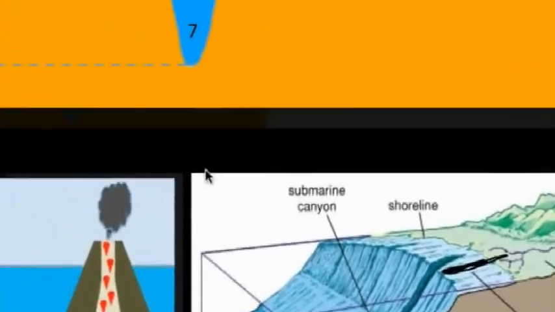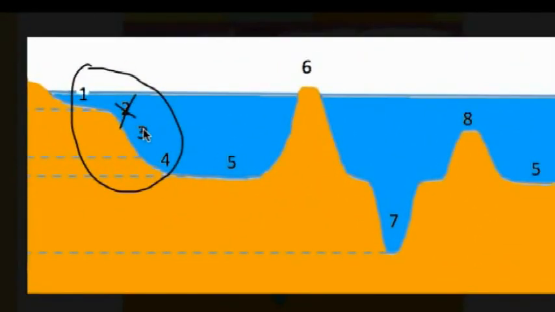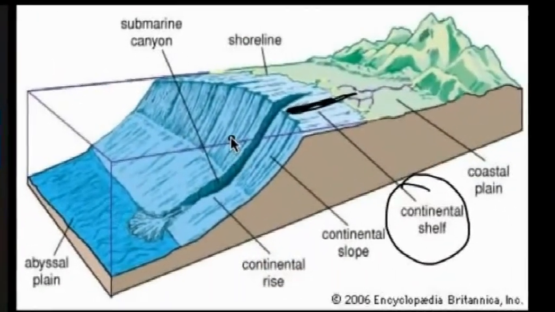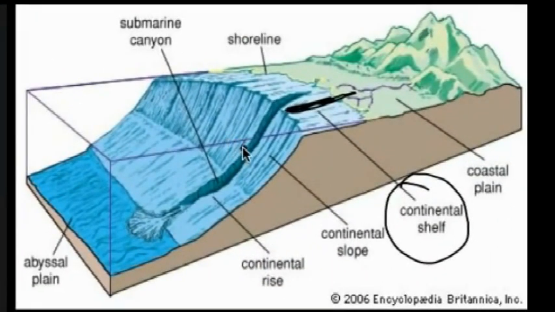Now if we go back over here and take a look at our diagram, we're going to look at number 3 now, this little area right here. Let's zoom back in and concentrate on area number 3. This part right here is called the continental slope. Now the continental slope is a major transition zone from being in the continents to being in the oceans.